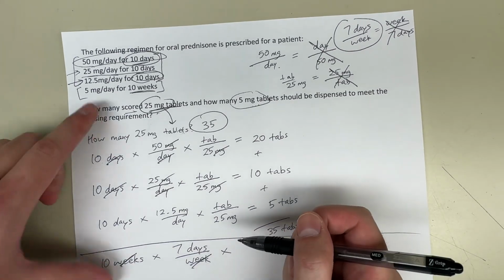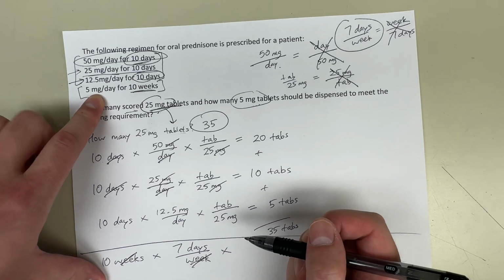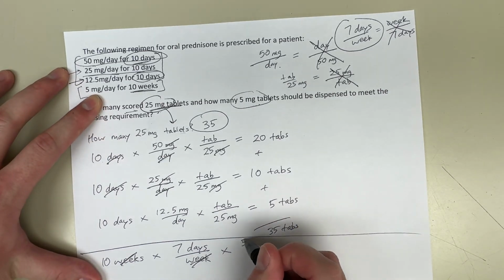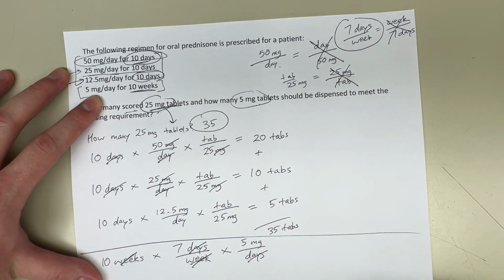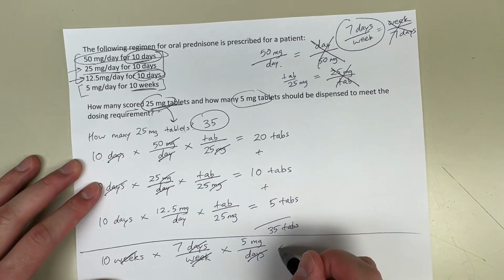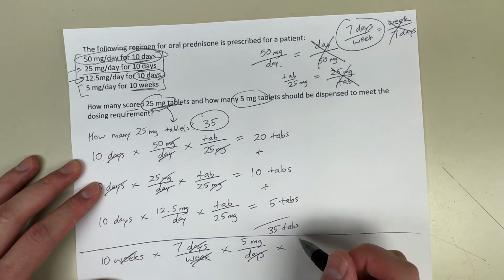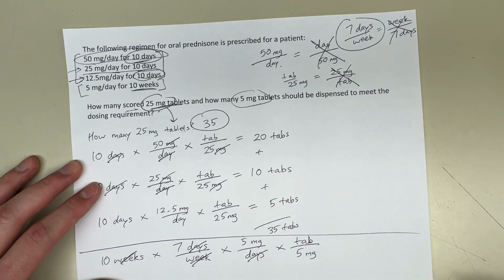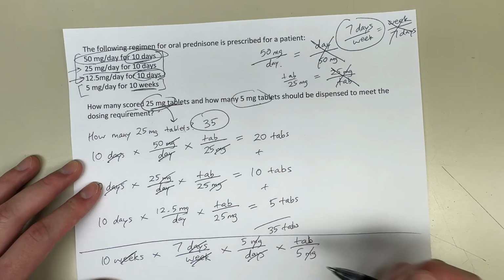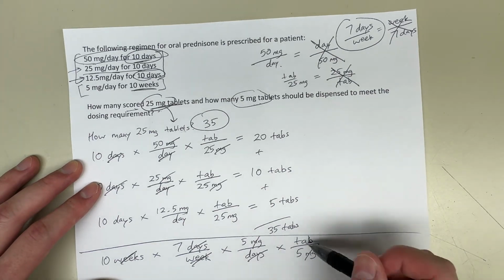Now I'm going to multiply it by how many milligrams per day. There's 5 milligrams per day, so days cancel out days. And now I'm going to calculate how many milligrams are in each tablet. For each tablet, there is 5 milligrams. Now milligrams cancel out milligrams, and I'm left with the number of tablets.